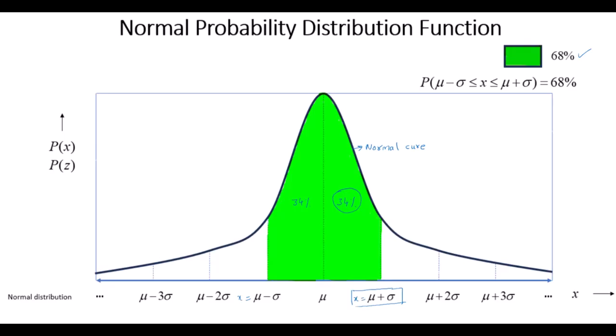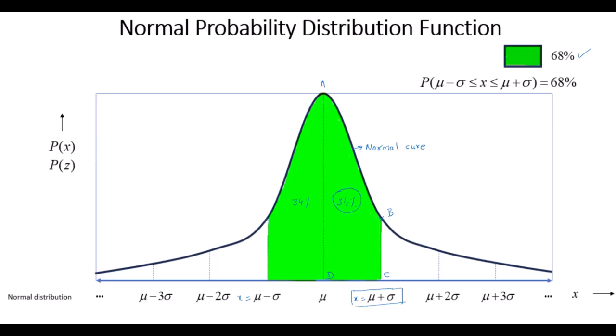If I draw a perpendicular from the point x equal to mu plus sigma, then it will cut the normal curve at a point. Let me call it A, B, C, and D. If you draw a perpendicular from x equal to mu plus sigma, it will cut the normal curve at the point B such that the area A, B, C, D, A will be 34%.